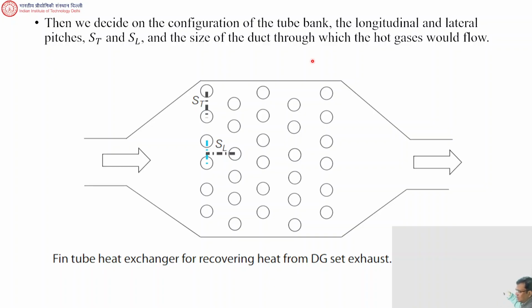So you must have studied in heat transfer in undergraduate, if you have a tube array, tube bank, you've studied? No? Okay, some books have this at undergraduate level also. So there can be an arrangement of tubes that are inline.